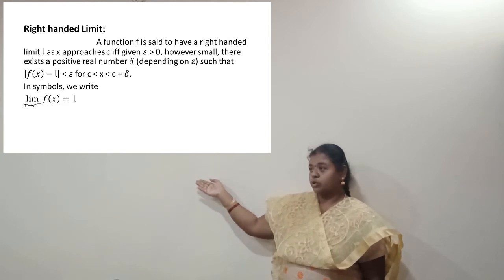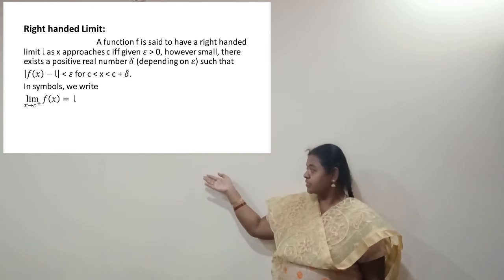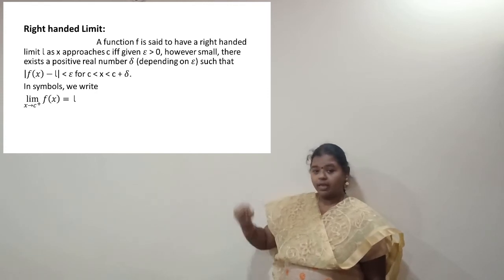Since it is towards the right side, it will have C plus delta. In symbols we have limit x tends to C plus of f(x) equals L.